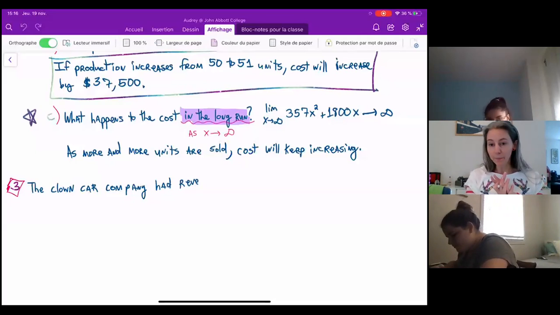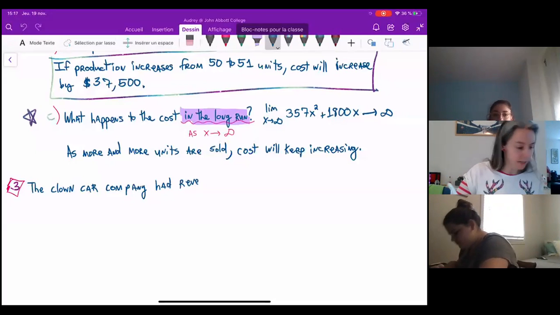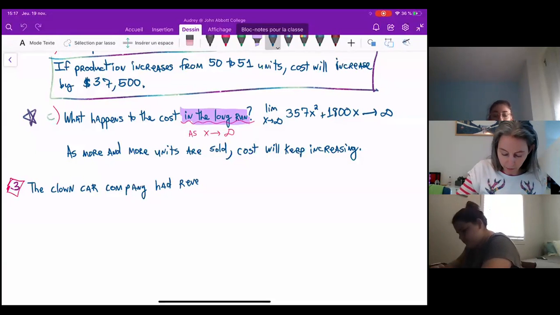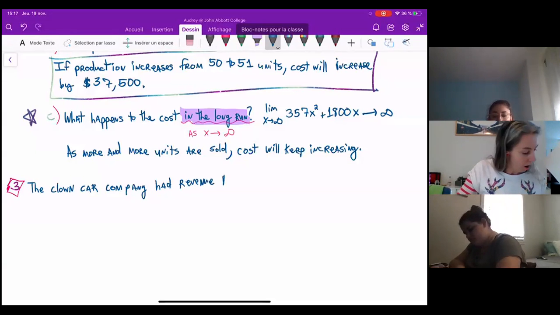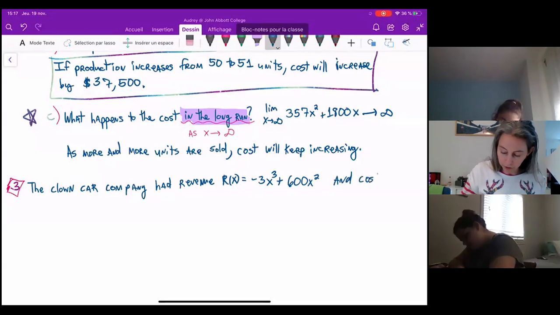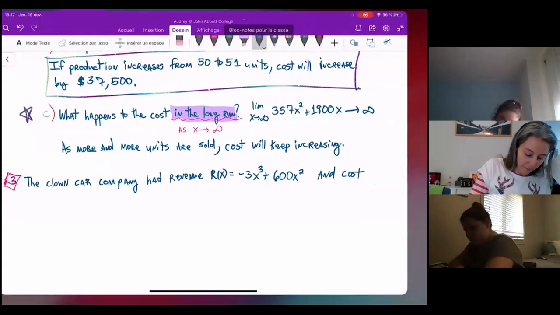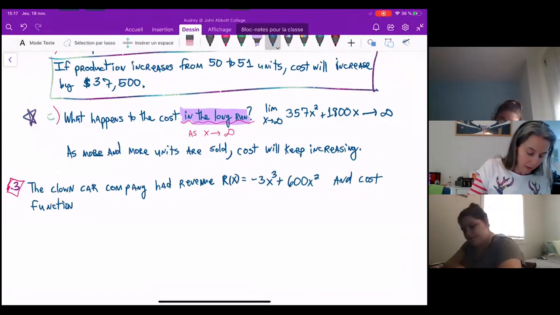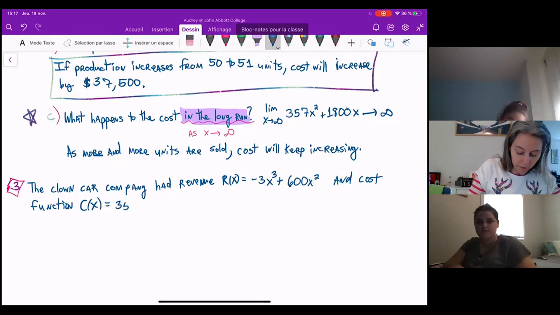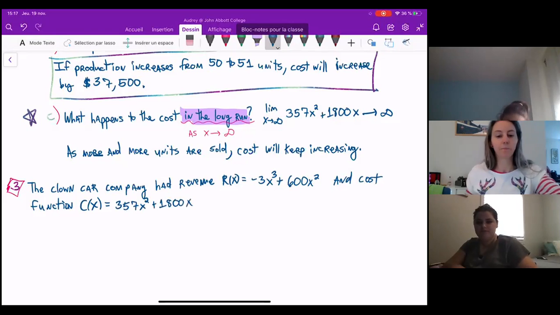Good. Y'all ready? We're just going to remind ourselves that the clown car company had revenue function R of x equal to negative 3x cubed plus 600x squared, and cost function C of x equal to 357x squared plus 1800x.